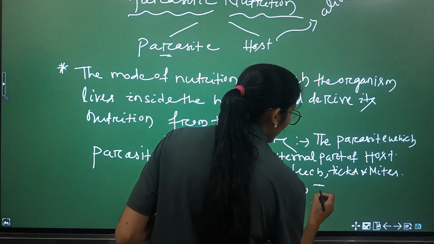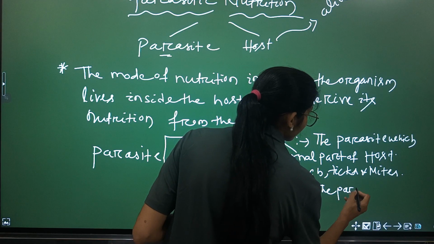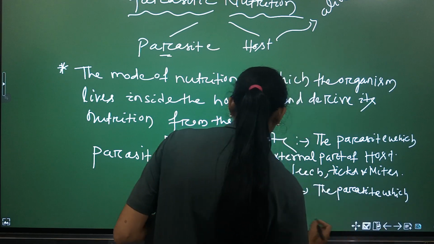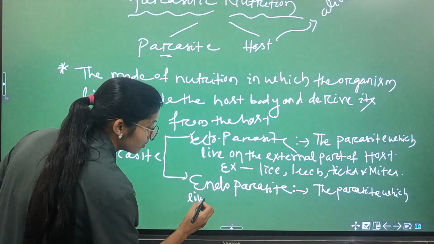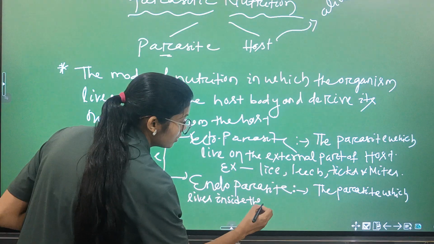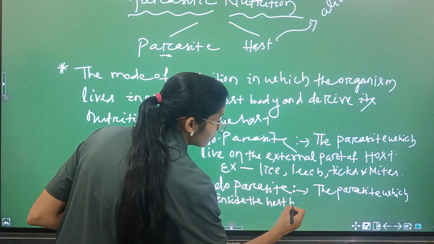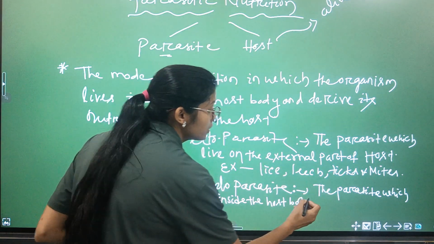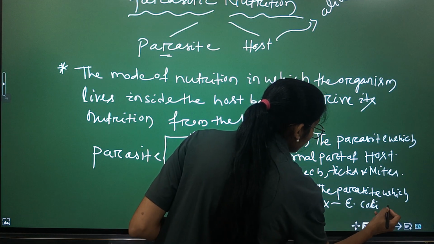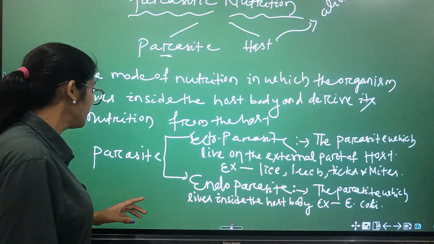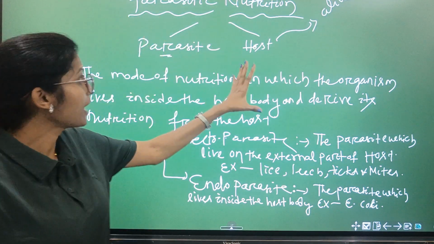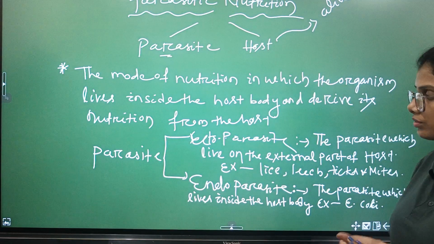An endoparasite is a parasite which lives inside the host body. What are the examples? E. coli bacteria. It lives inside the colon of the human. Okay. So these are the types of parasitic nutrition.